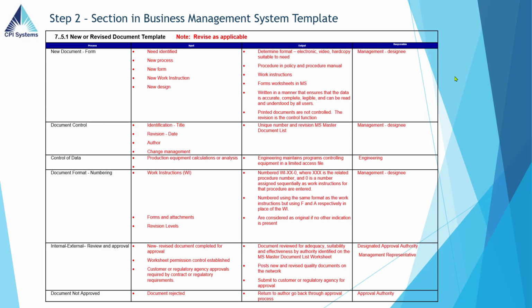So each one of these rows is a process. New document, document control, control of data, document formatting, internal, external review, document not approved. So this is designed to match what you already have.